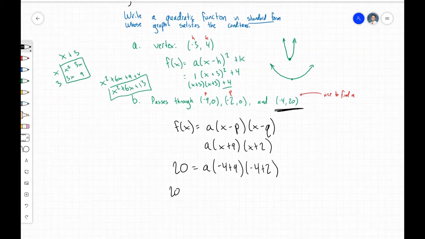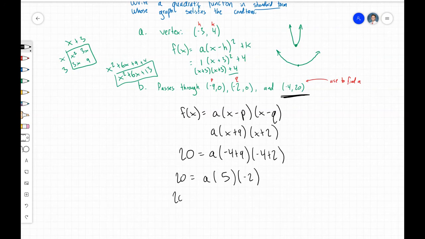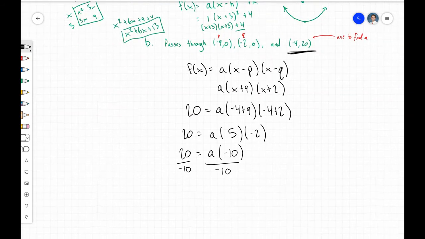So then I know that 20 is equal to a times 5 times -2. So 20 will be equal to a times -10, and I divide both sides by -10. So -2 will be equal to a.